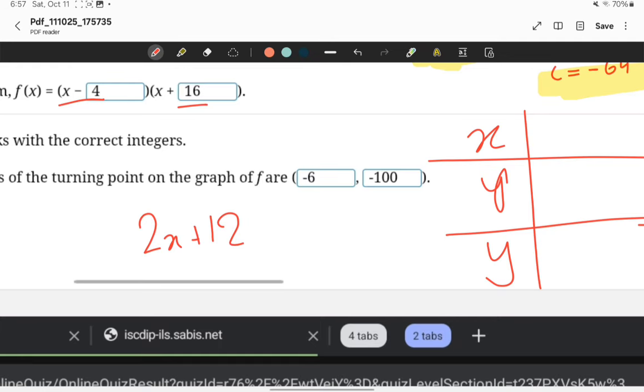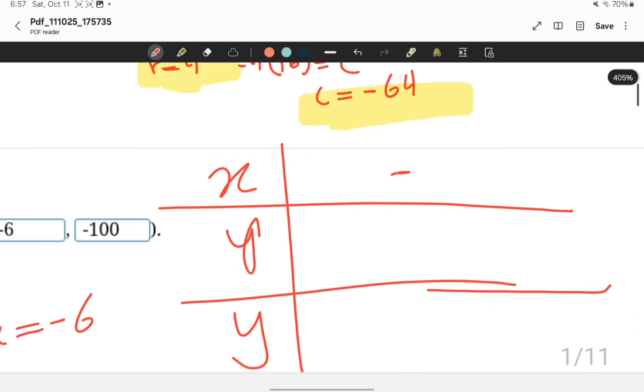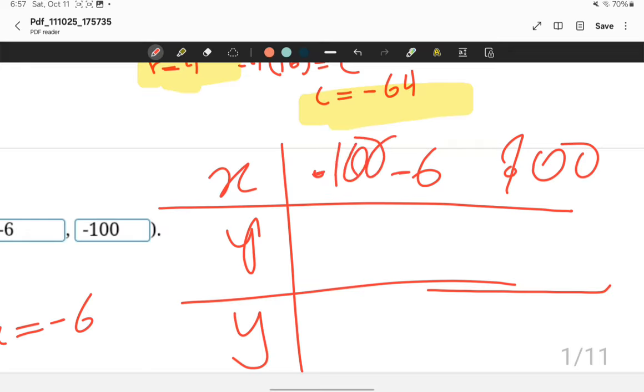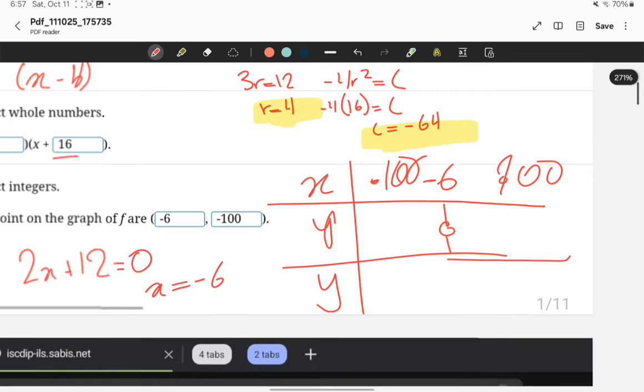Okay, 2x plus 12, you equate this to 0, and you get x is equal to minus 6. There's no other value, so you just write down minus 6. Now you test a value here and a value here. Here I'm just going to test 100. Here you test minus 100. Okay, so you put the minus 100 in the derivative.